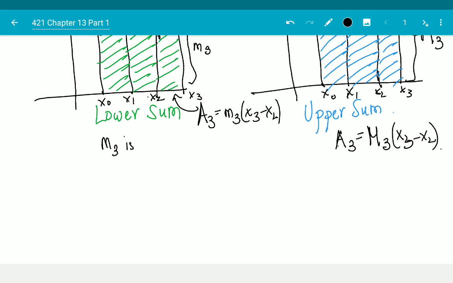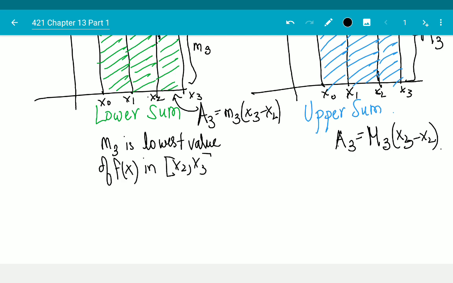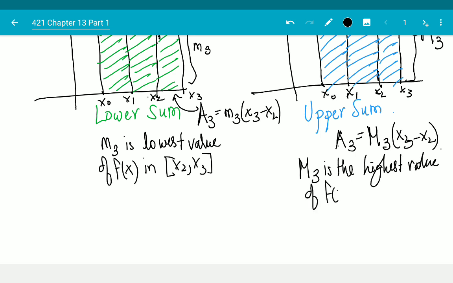Small m3 is the lowest value of f of x in x2 to x3. Capital M3 is the highest value of f of x in x2 to x3, right?